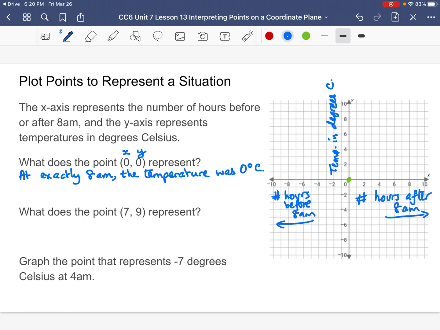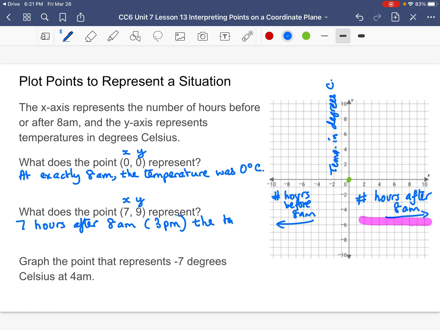What does the point 7, 9 represent? And again, I will label them with the x and the y. And the 7, if I look at my note below the x-axis here, represents the number of hours after 8 a.m. So 7 hours after 8 a.m. That's at 3 p.m. because that's 7 hours after 8 a.m. The y-axis represents temperature.